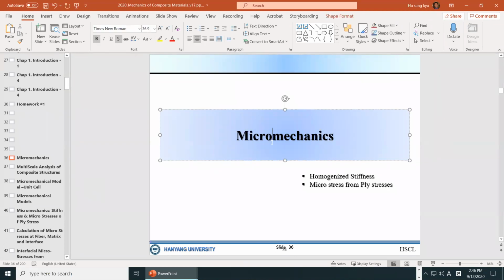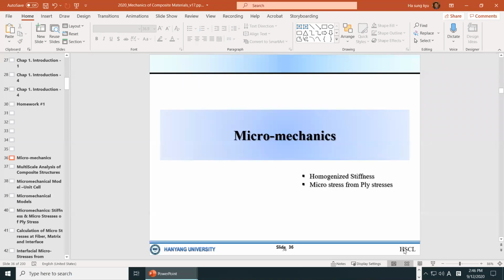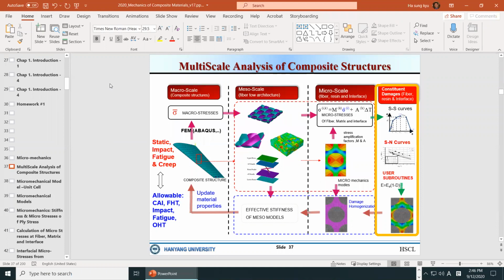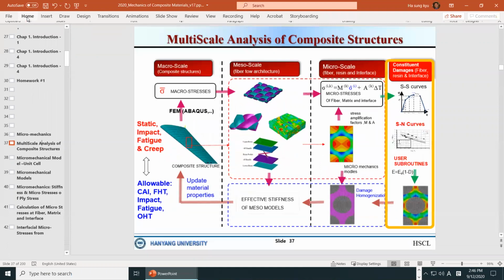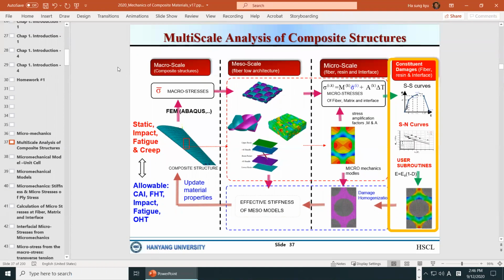Micromechanics, as it says, is mechanics, but for very micro-scale constituents. Before we go through micromechanics, I would like to briefly introduce the multi-scale analysis of composite structures.